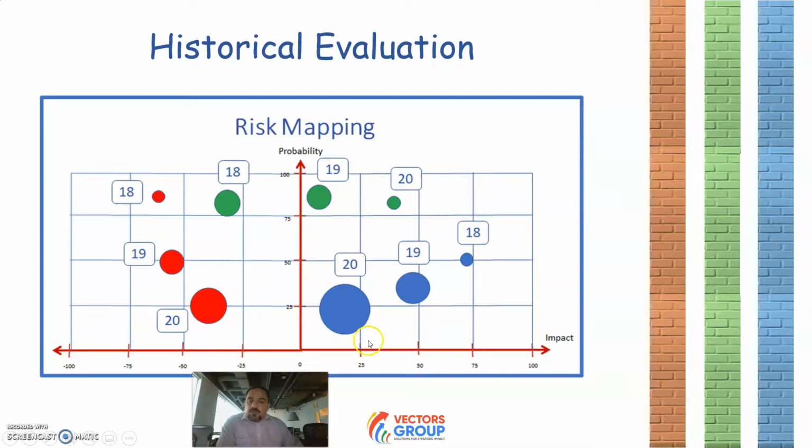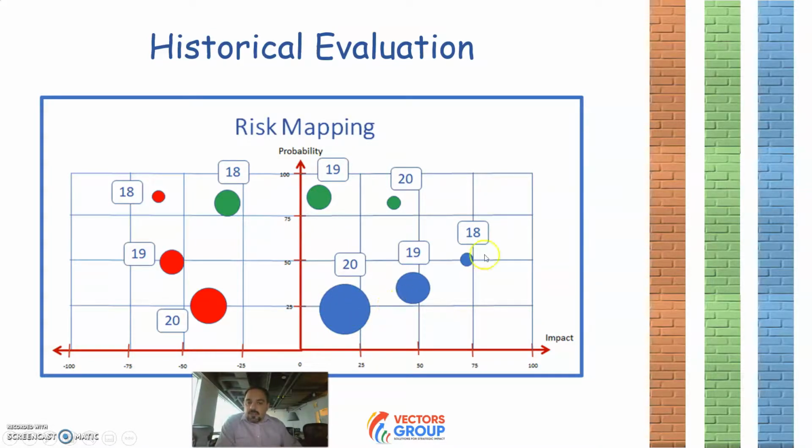And in this chart, you can also use this mapping technique to see the longitudinal progress, how you have done in the previous years and how you have done in the last decade, and compare your performance now. So those three colors, blue, green, and red, are three different types of risks. If you look at the blue one, it has very low probability and very low positive impact, but you have a high level of control.